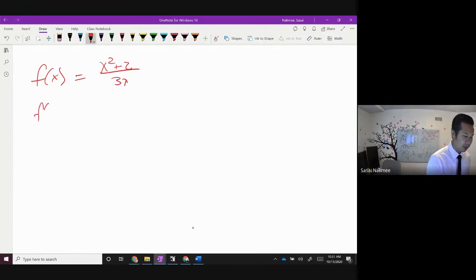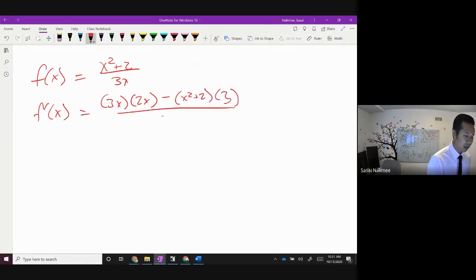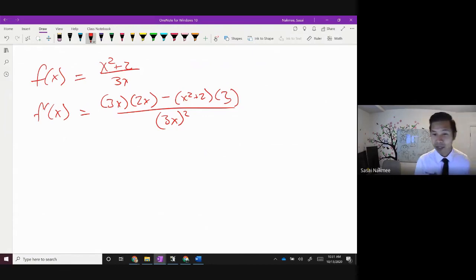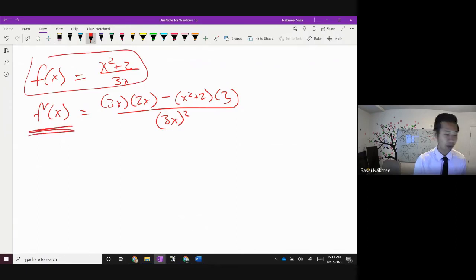If I ask you to take the derivative of this, you guys will be able to do low d high minus high d low over low low. You'd be able to do this with no problem, right? If I gave you a problem like this and I asked you to find the derivative, you'd be able to tell me that this is the derivative, right?